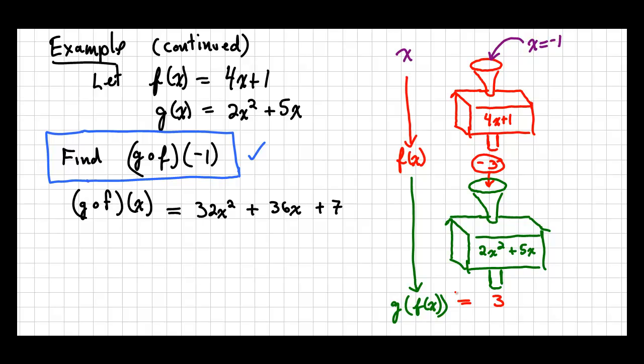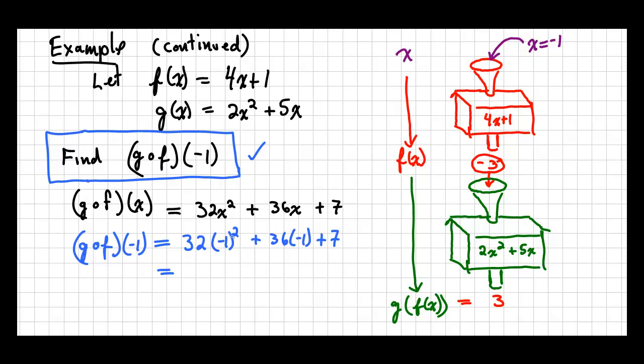So let's do that same calculation over here, except we're going to use the function that we calculated just a couple minutes ago. If we want to evaluate g composed with f of -1, and again, just let the notation work for you, we're going to replace the x with -1 in this function, so we're going to get 32 times -1 squared plus 36 times -1 plus 7.